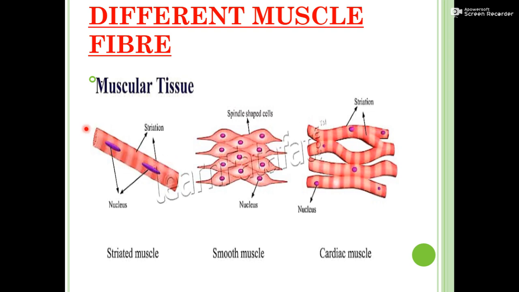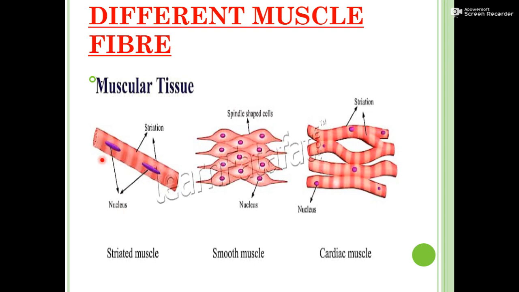So this kind of muscle contains light and dark bands, and due to the presence of light and dark bands these are known as striated, because these light and dark areas are known as striations. It contains more than one nucleus. You can see here two nuclei are there. So we can say it is multinucleated.